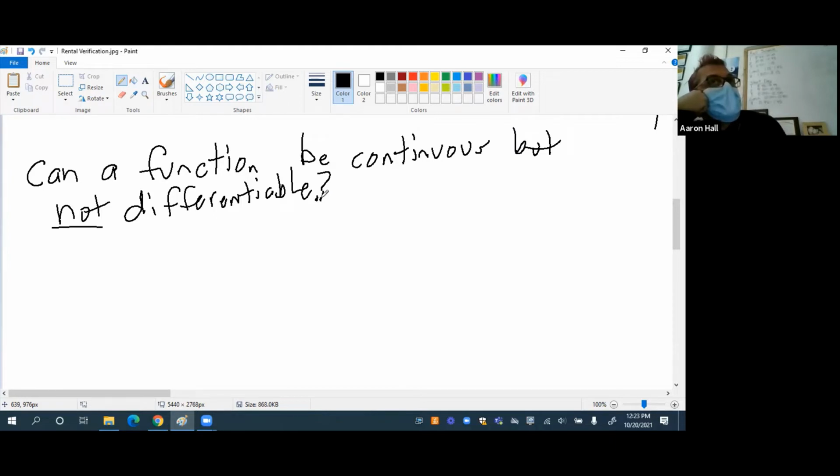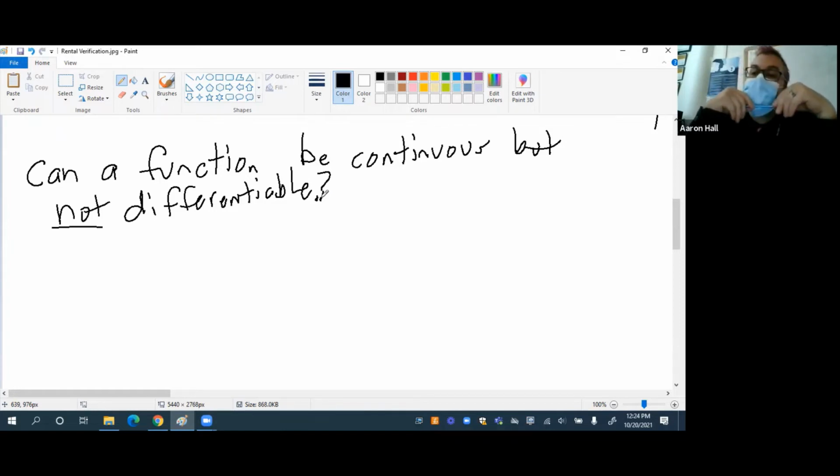Logan, what do you think? You think maybe? Do you have any examples? All right, fair enough. Blake, what do you think? Can a function be continuous but not differentiable? Yes. Do you have an example? Not really.